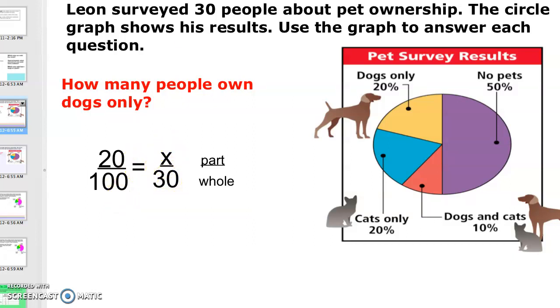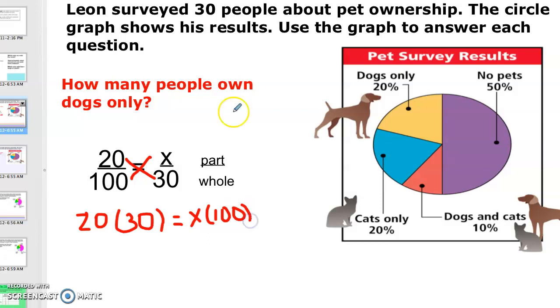From here we can solve our proportion. When we solve proportions, we cross multiply. So 20 times 30, and I just use parentheses, which means to multiply, equals x times 100, or 100x.